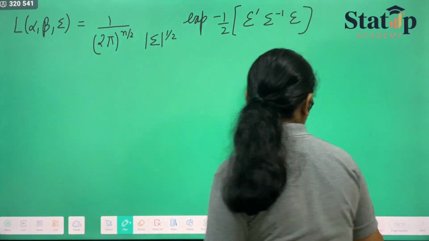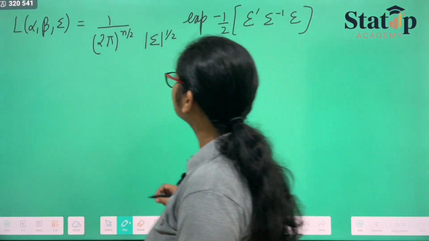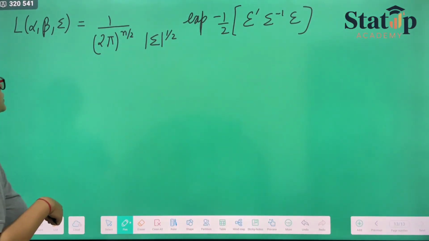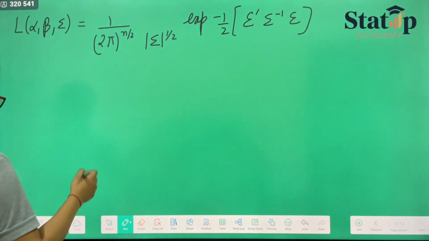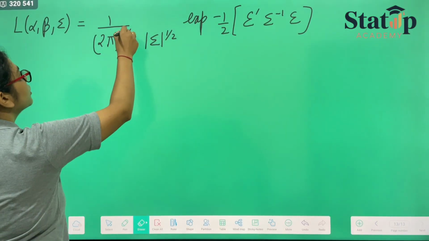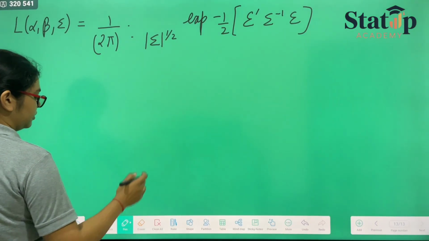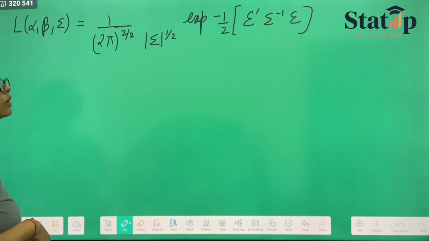Now epsilon can be taken from your AY plus BX. Here, what is the value of n? N is the number of models. So here we have two equations in the model, so we can substitute n here. We can write it as 2 upon 2, which will come 1 only.